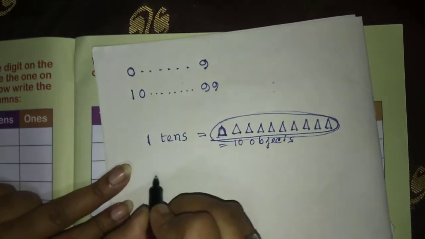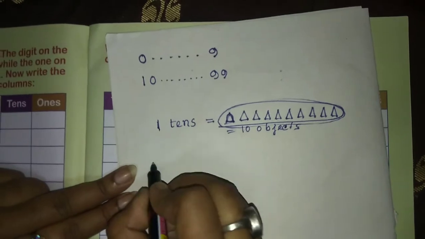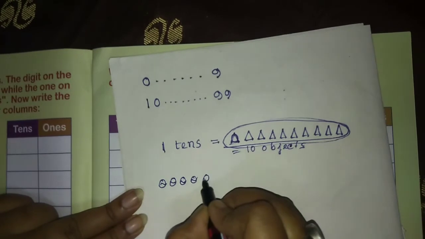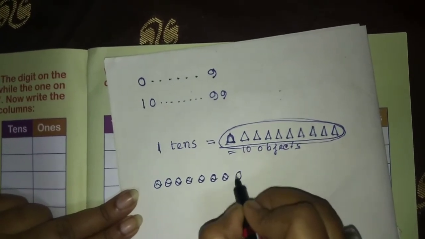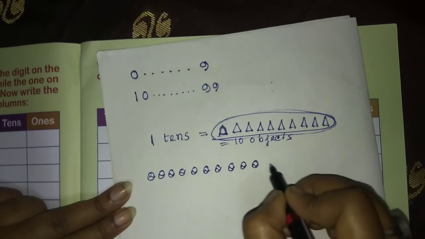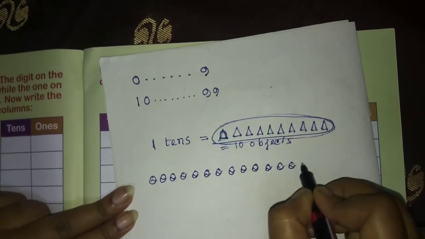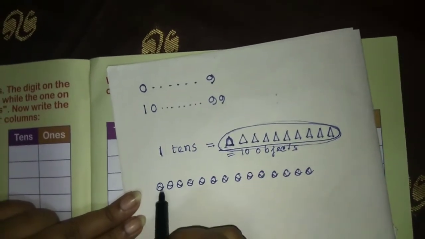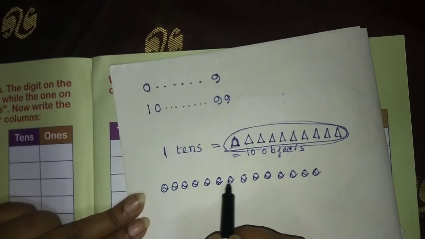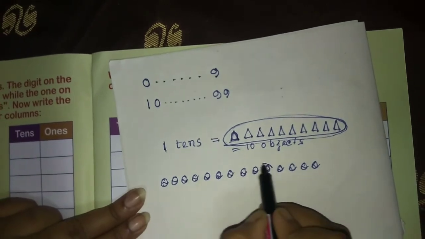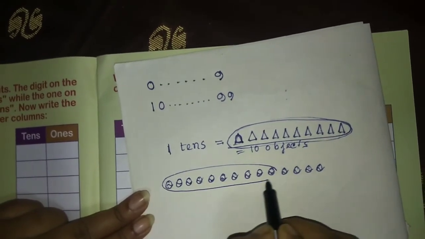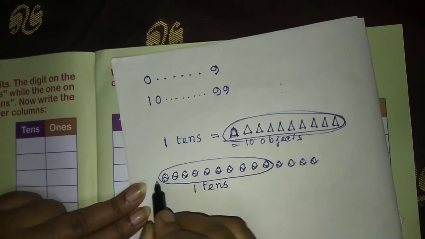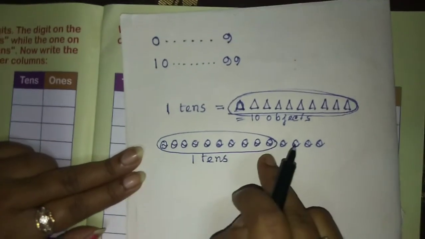Okay, like this. Suppose here I am taking some balls: 1, 2, 3, 4, 5, 6, 7, 8, 9, 10, 11, 12, 13, 14. So 14 balls I have taken. So 1, 2, 3, 4, 5, 6, 7, 8, 9, 10. Only 10 balls I have bound here, and this is called 1 tens, because 10 balls are here.